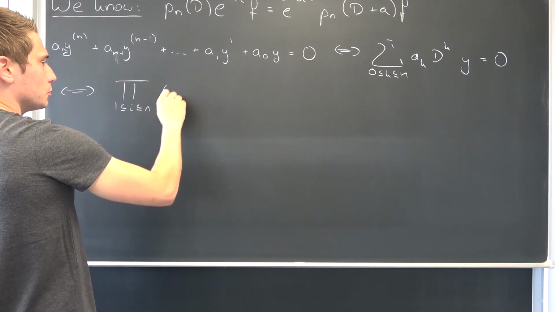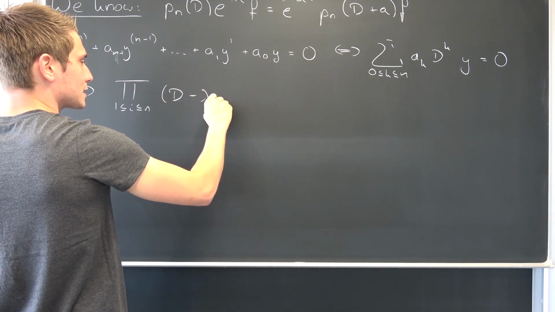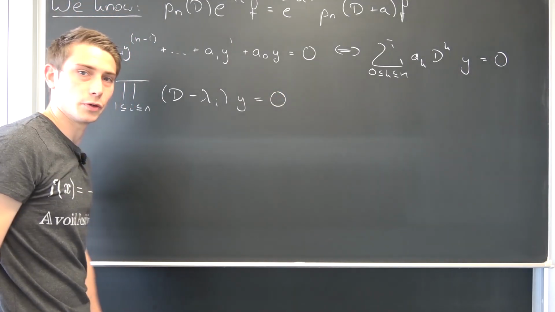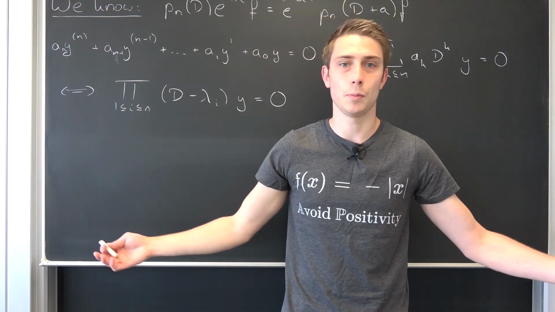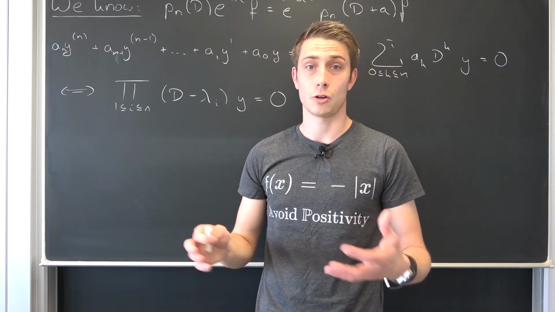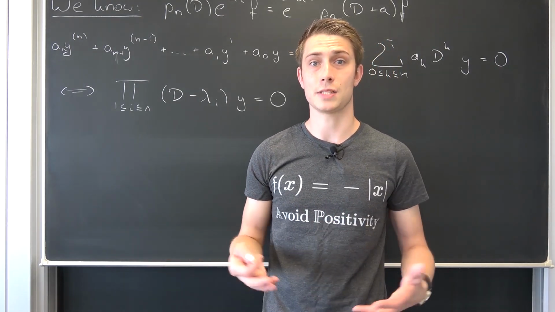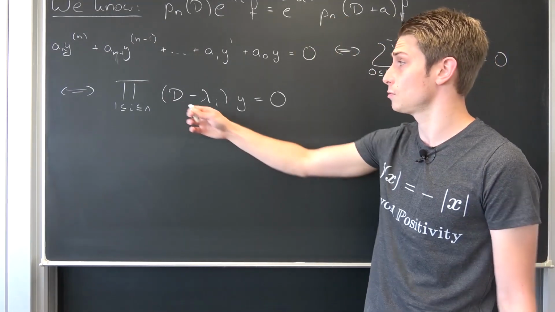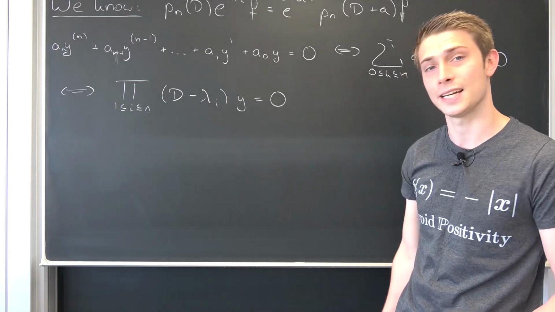Then it's going to be noted like this: D minus the ith root, times y, being equal to 0. It's just like with simple polynomials. When you factor x squared minus 1, you get x minus 1 times x plus 1. It's as easy as it is, just with a D instead of an x.